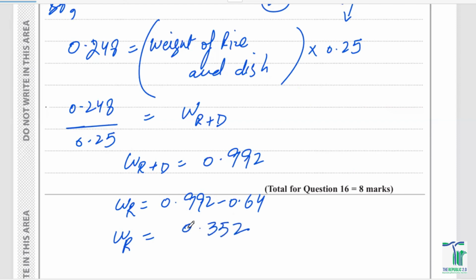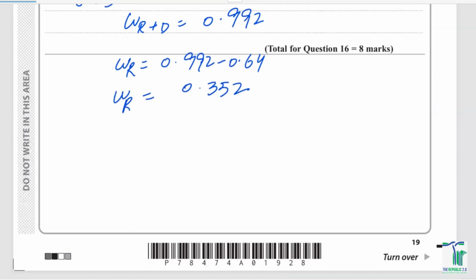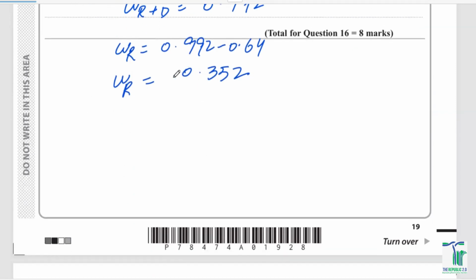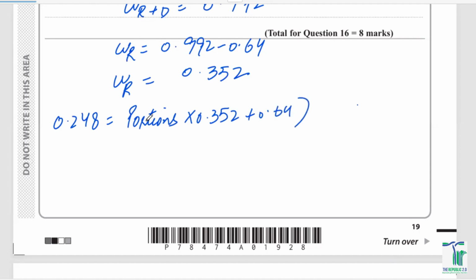So now we need to calculate the total portions of rice. We can simply use this main equation again, that the total anti-clockwise moment would be equal to the clockwise moment, and that should be the number of portions of rice you're going to add, times 0.352, which is the weight of one portion of rice, plus the weight of the dish, 0.64, times the moment arm, which now is 0.07.